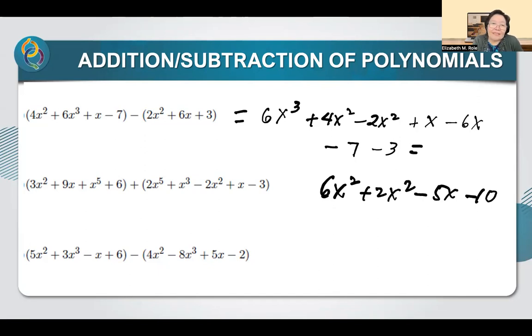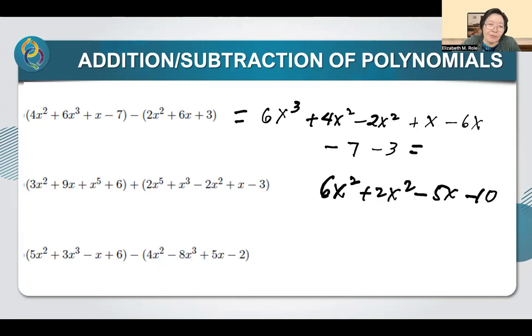All right. Do the next two, and then after that, you can tell me your answers. Sometimes when we give problems, we just reshuffle all those terms. Is it 3x to the fifth plus x cubed minus 2x squared?